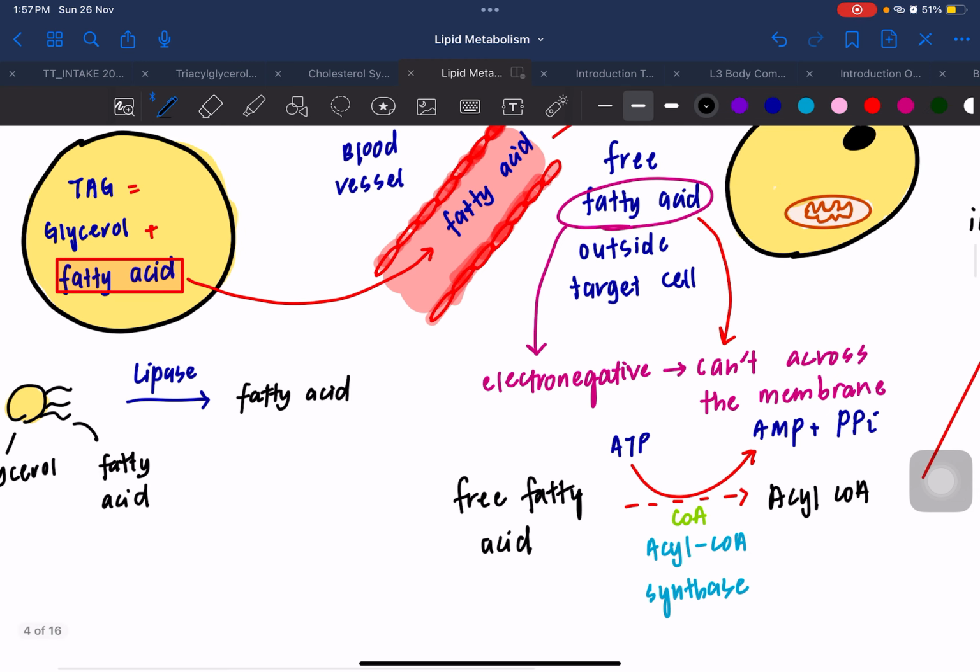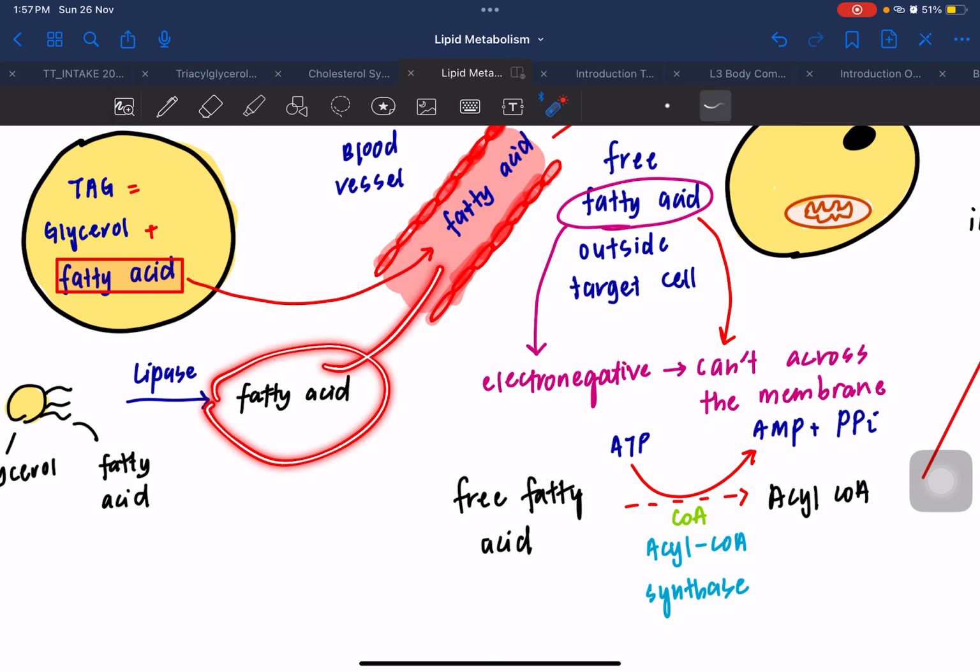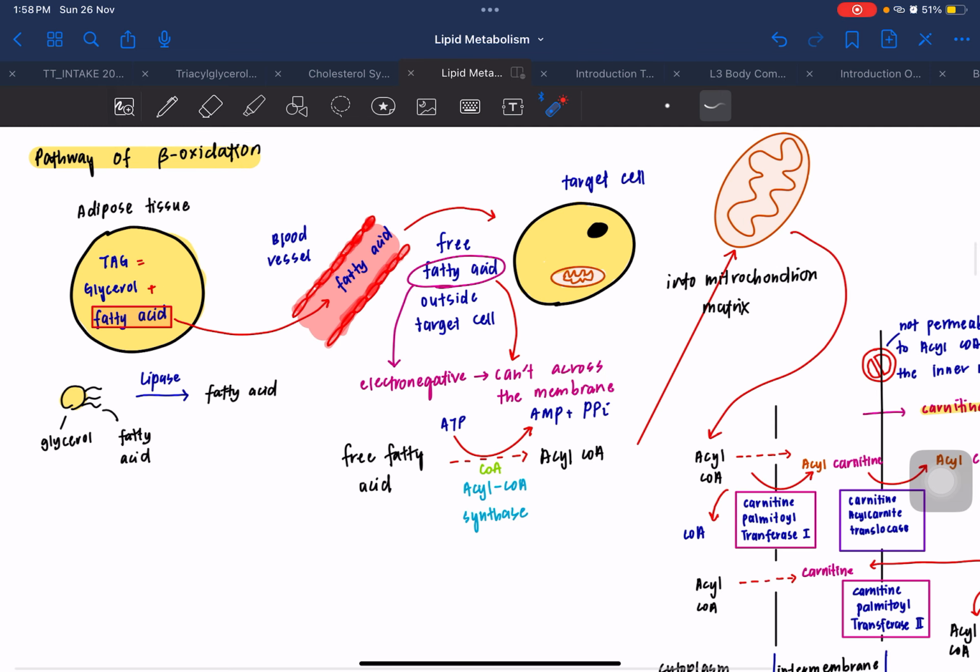And the fatty acid will move to the blood vessel. From the adipose tissue, this is our adipose tissue, and this is our blood vessel. So fatty acid will be brought to the blood vessel.